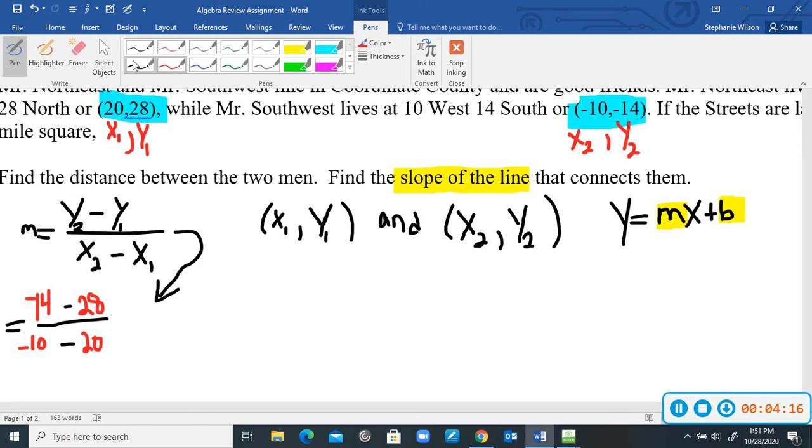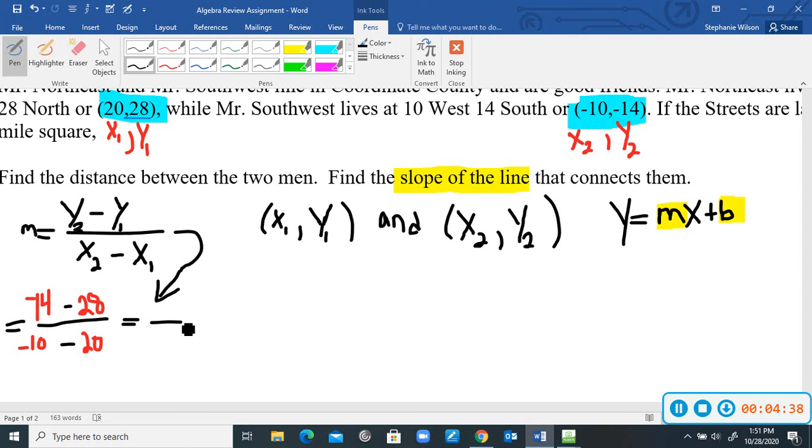So now we need to combine the numerator and then combine the denominator, and then we'll have our slope. So we have, let's see, negative 14 minus 28. So they're both negatives.